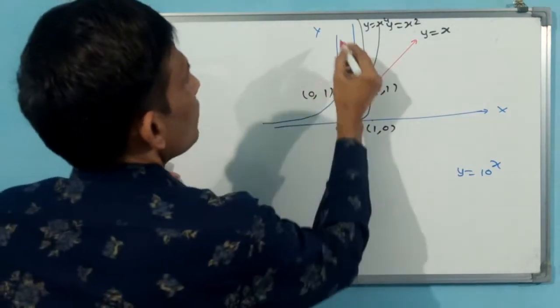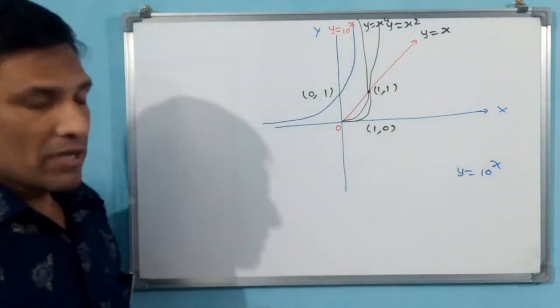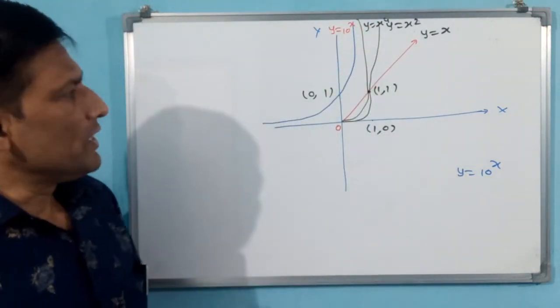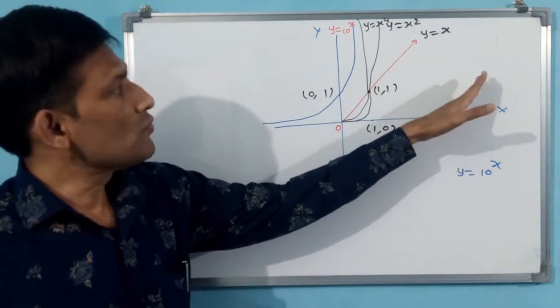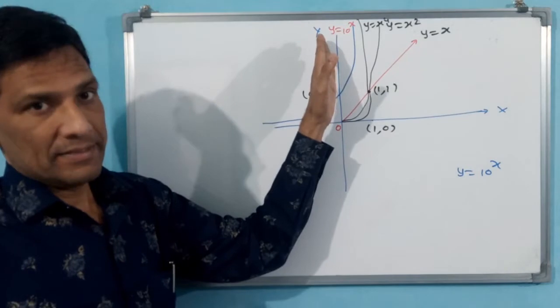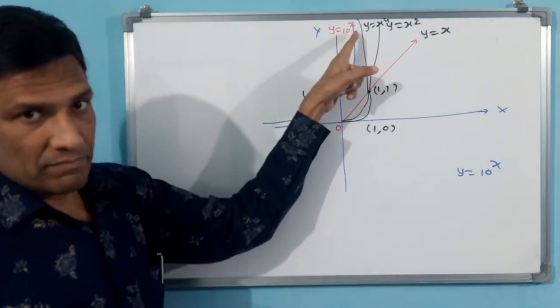This I am writing, y is equal to 10 power x. Okay, see what I want to say. If you go on increasing the power, the graph is going towards the y axis.